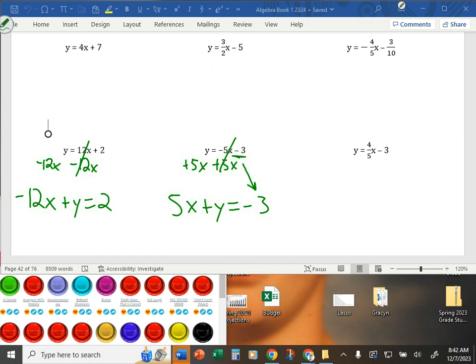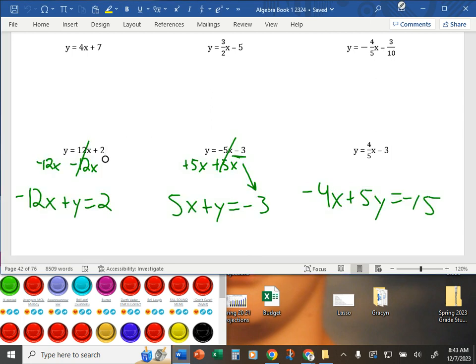What did you get as an answer, Emmett? -4x plus 5y equals -15. To do this, you multiply by that denominator, right? Multiply everything by 5.